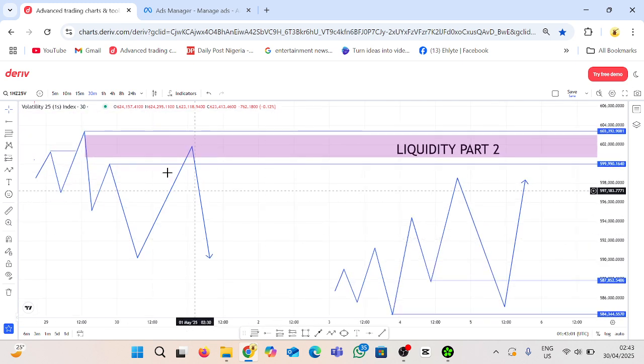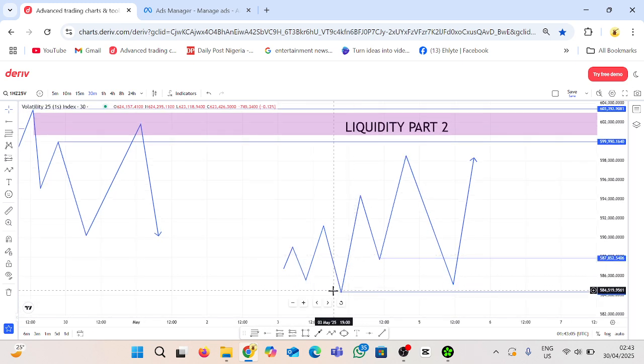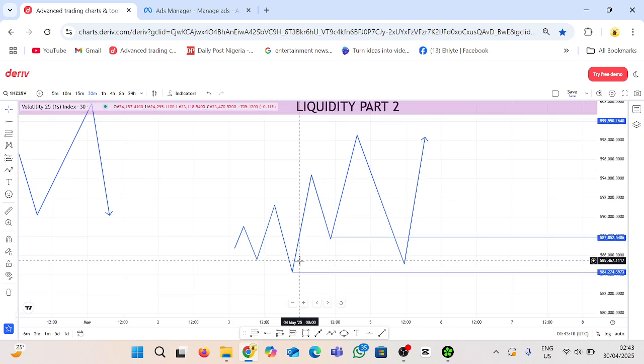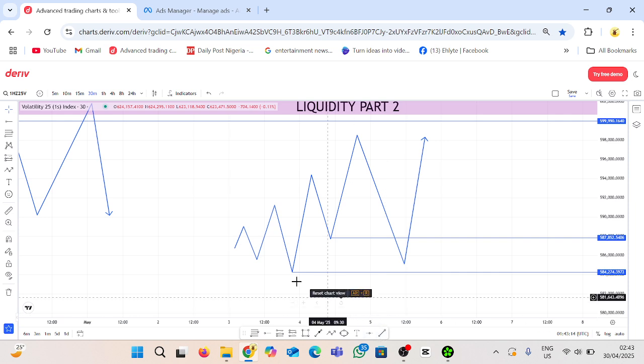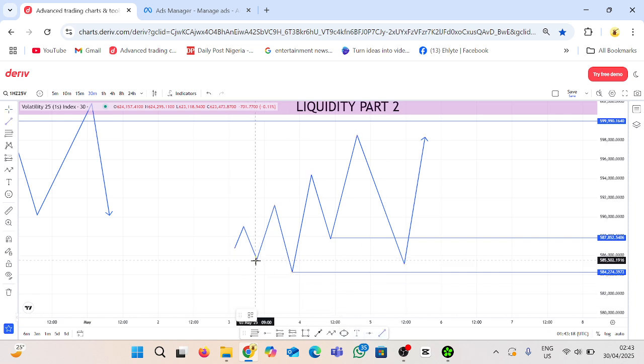For a sell, we have protected high. For a buy, we have protected low. Understood? So that is it. And then this is your transactional liquidity. This point is your transactional liquidity for a buy.